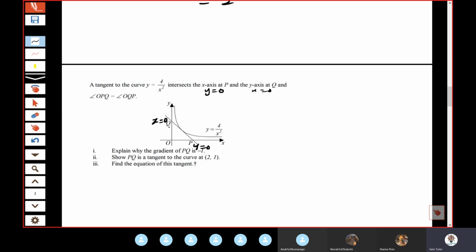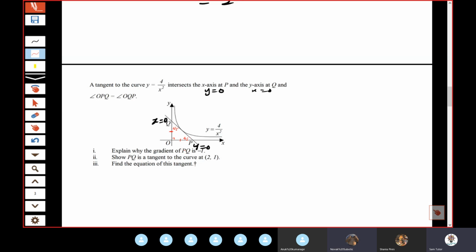Yeah, exactly right. So this angle in here is 45 degrees, and this angle is 45 degrees, because that's a right angle there. So if these are 45 and 45, you know this bit is equal to this bit.